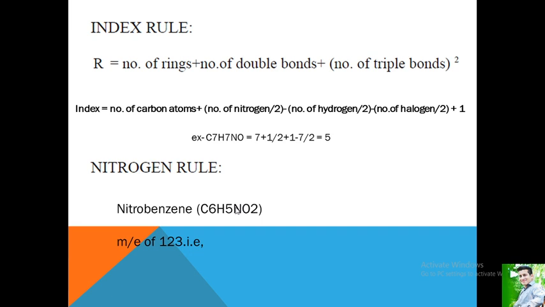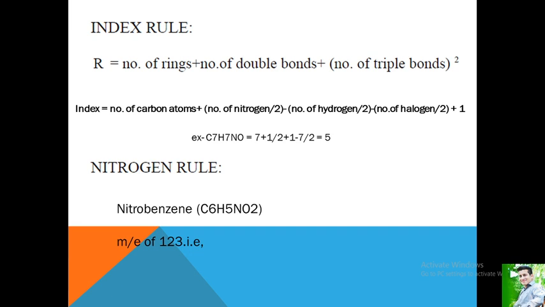Two important ion fragments found in the mass spectrum of the compound are NO2 at 46 and NO at 30. So compared to the molecular ion peak at 123, both these fragment ions appear at an even mass number.